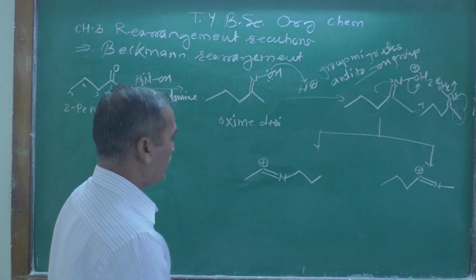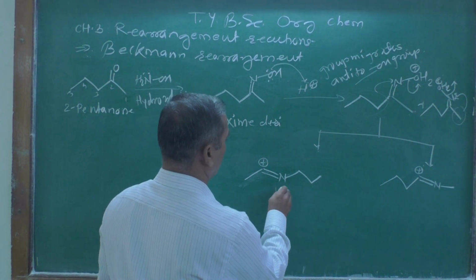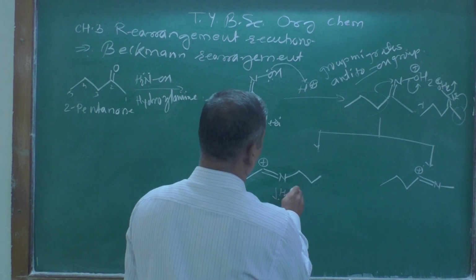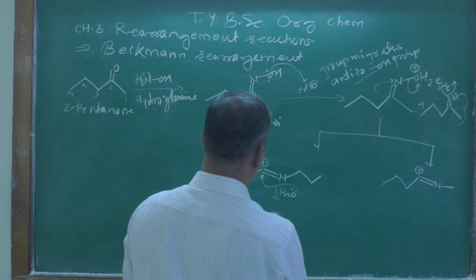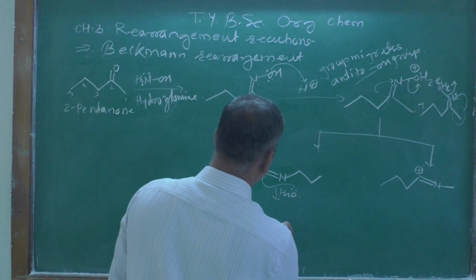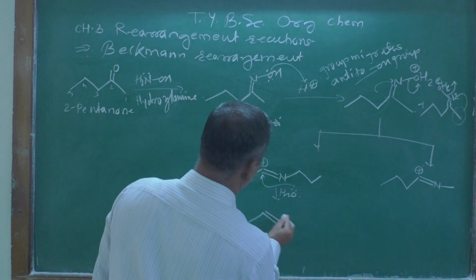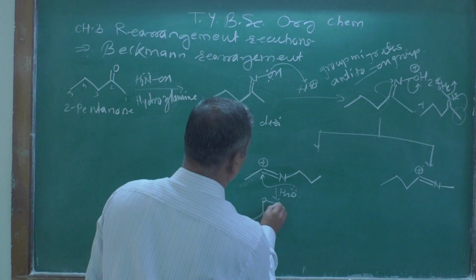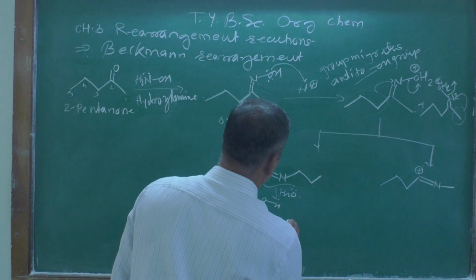Now when water is added here, H2O, what is going to happen? Here you will get this type of double bond, and OH I am writing like this, on the nitrogen atom.